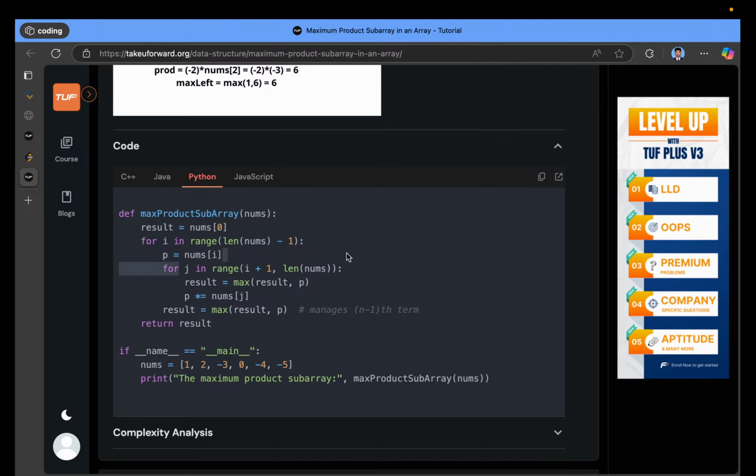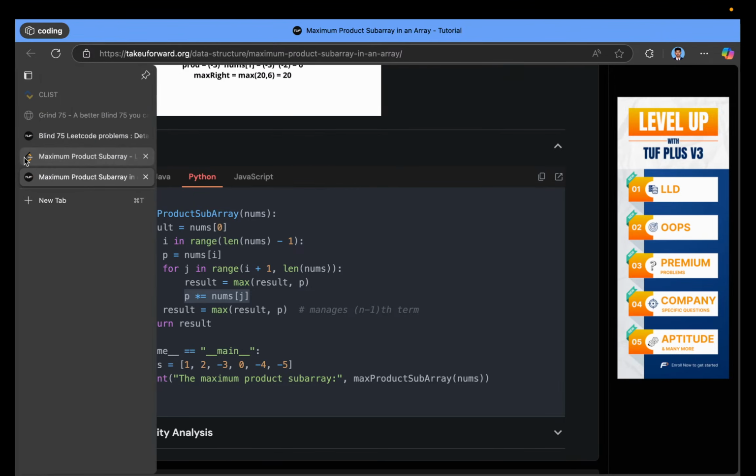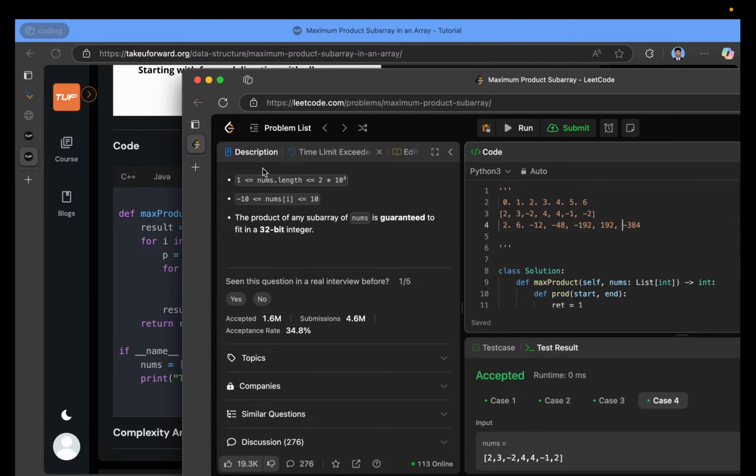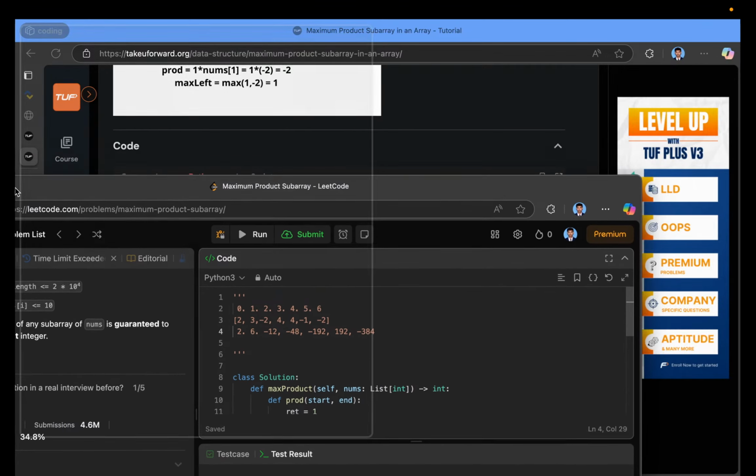Then he makes a new loop for j, and the result is equal to max of result or p. He saves the result in that. It is still okay. Oh, okay, I understand what is going on. p star equals nums j. In that way, he is reducing the third loop. Let's write this code. Maybe while writing this code, it will give me some way to solve this.